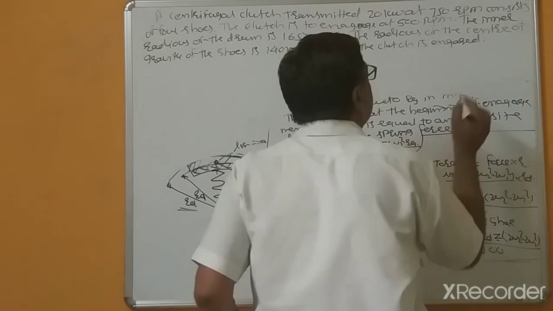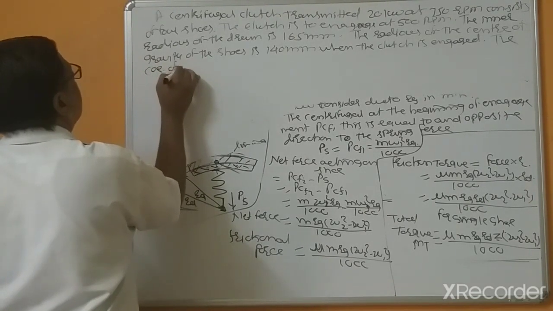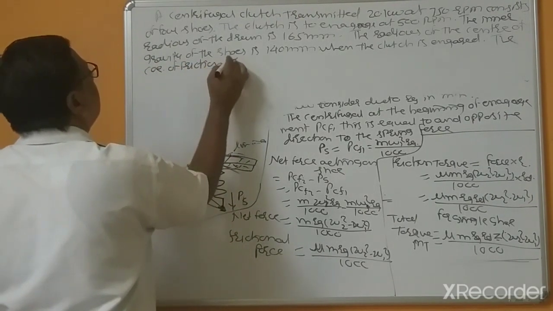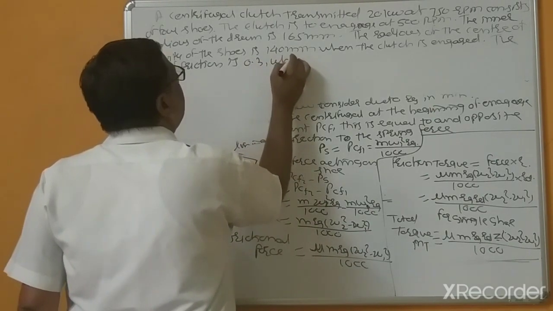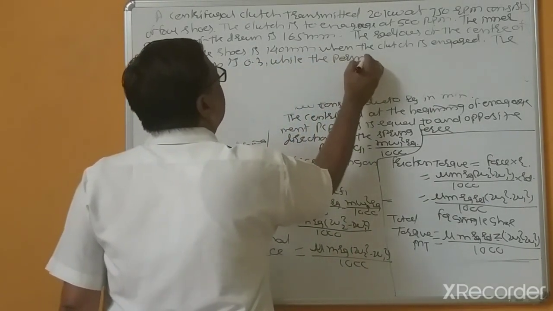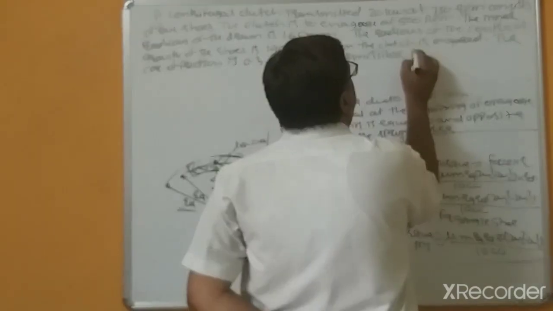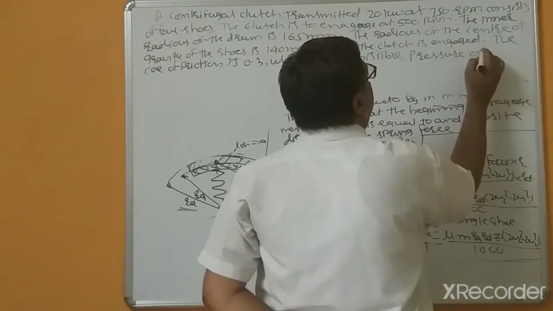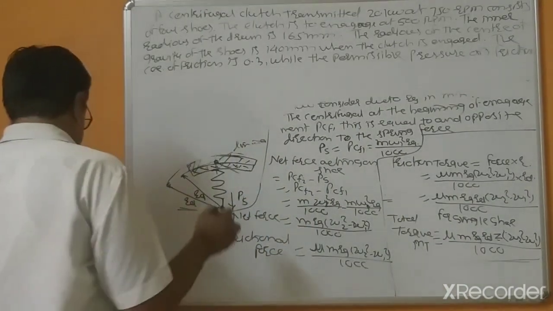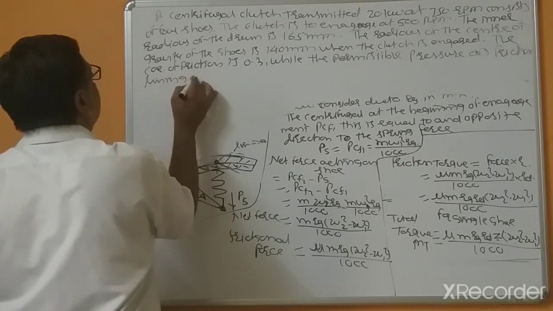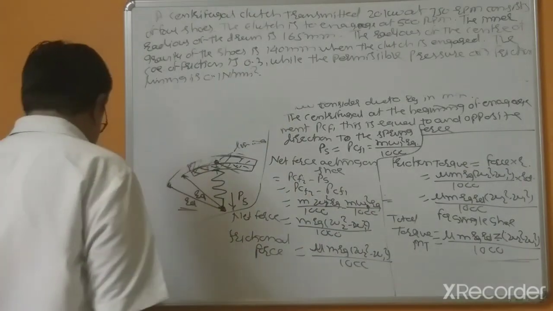The coefficient of friction is 0.3, while the permissible pressure on the friction lining is some value in Newton per mm square.